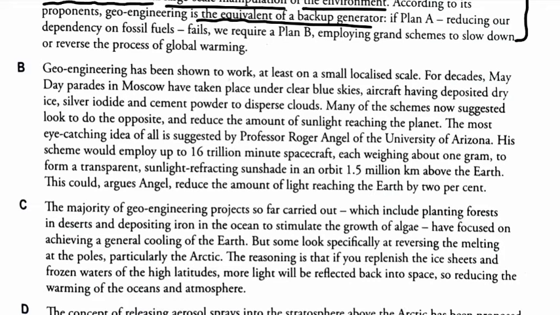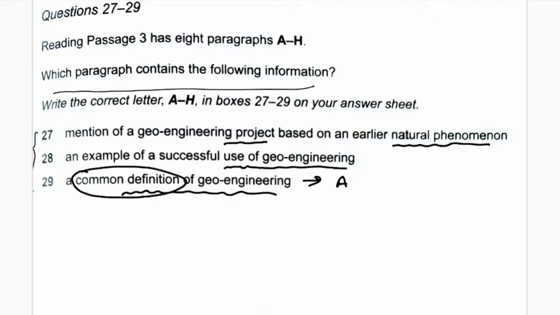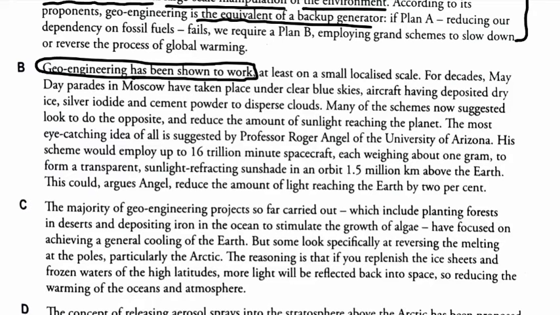Geoengineering has been shown to work. See, this directs us towards somewhere. Shown to work, now what does that mean? It is something related to the use of geoengineering, right? But let us find out whether this work is positive or negative.